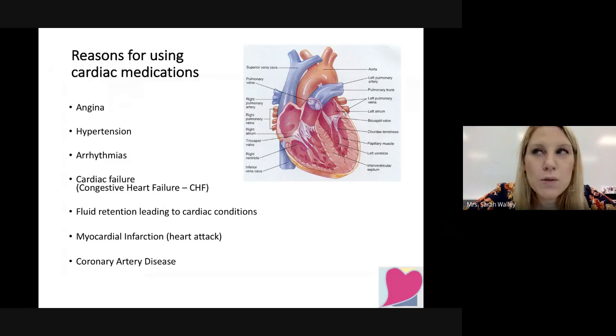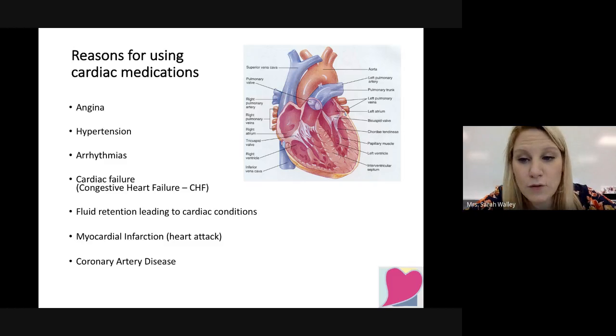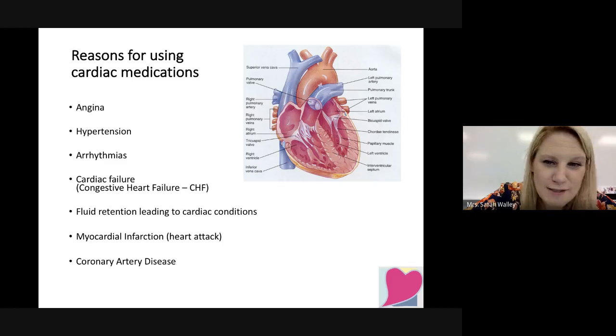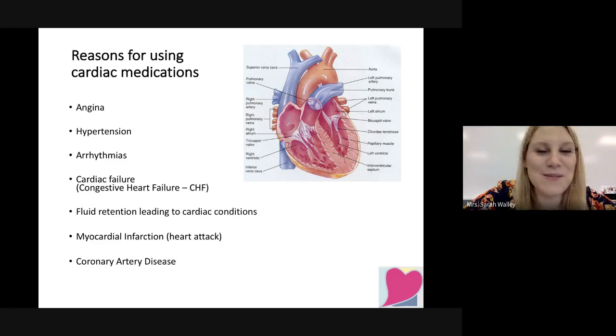And most of the time, fluid retention can be associated with hypertension also. But it can also be a combination of things. So people who have congestive heart failure will most of the time be on a drug to help with fluid retention because they will have fluid retention, but a side effect of fluid retention is hypertension. Does that make sense? Probably not, but we're going to go through it.